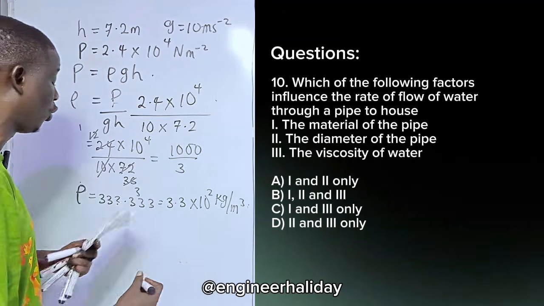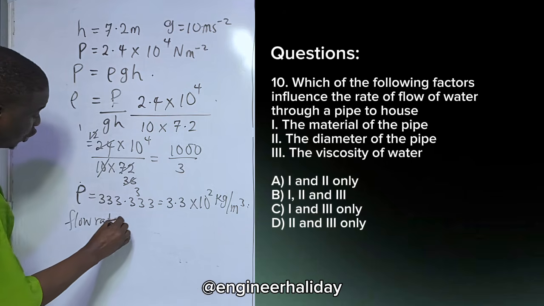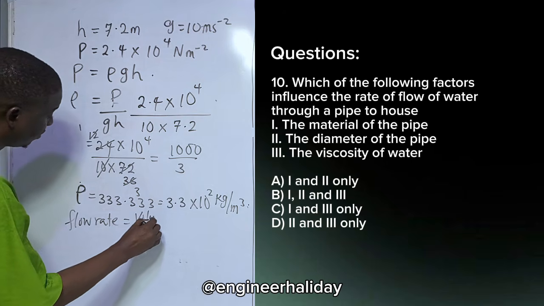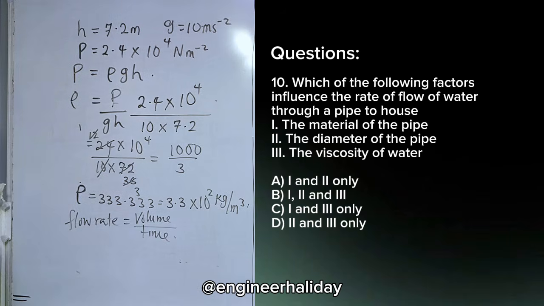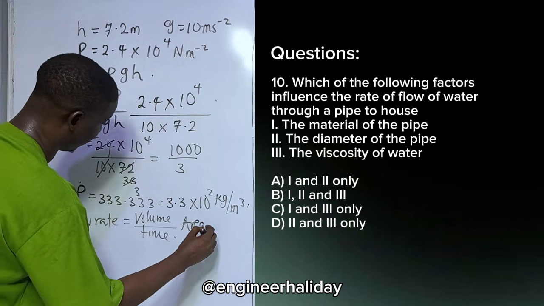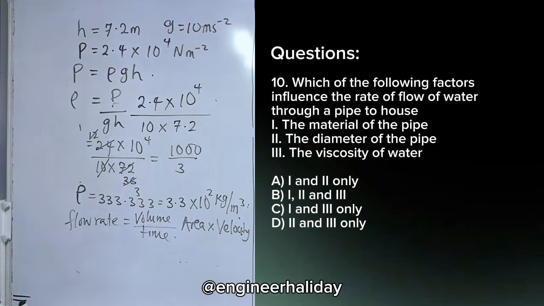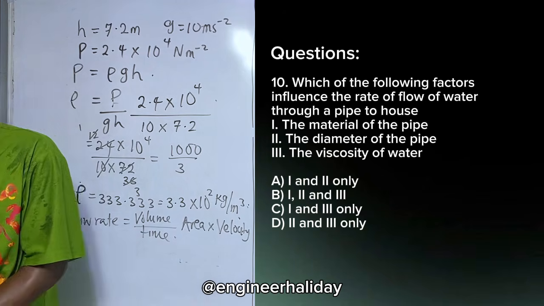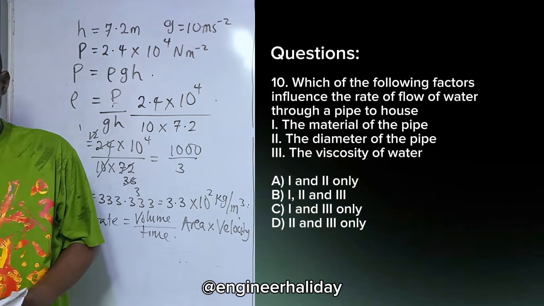Don't forget that flow rate is equal to volume over time, which we can also write as area times velocity of the fluid.